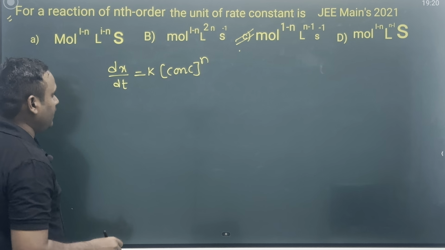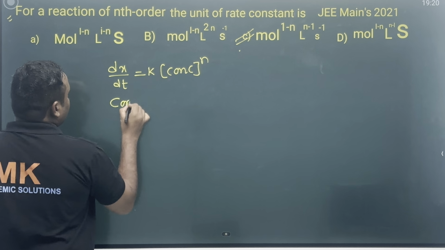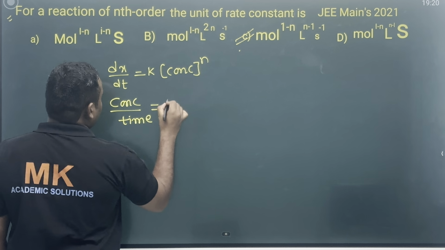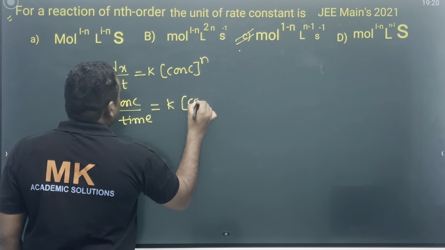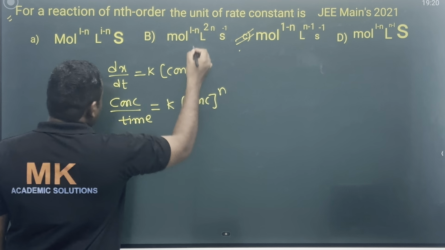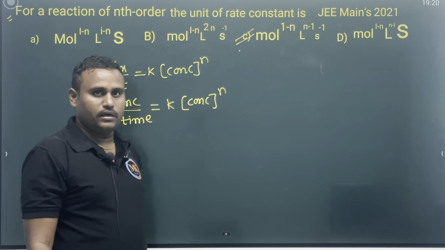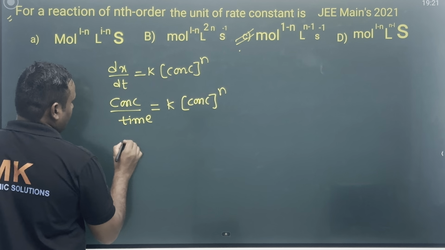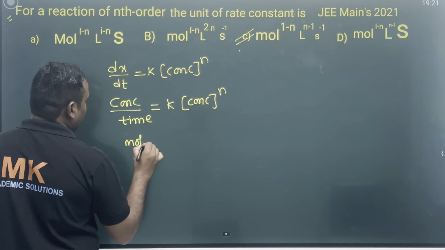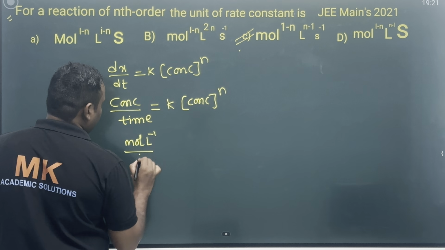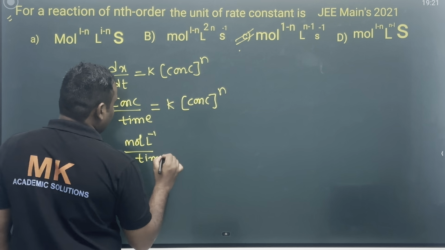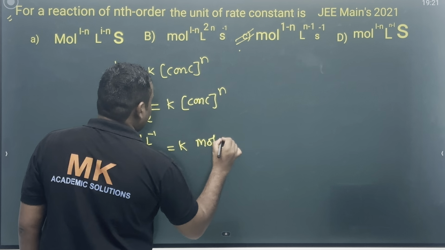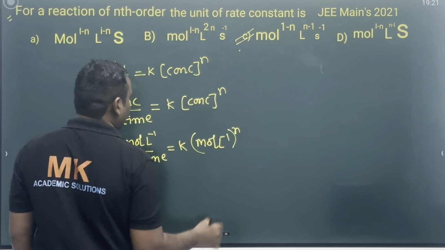Here dx by dt means concentration by time, and concentration is in moles per liter. So moles per liter by time is equal to k into moles per liter whole to the power n.